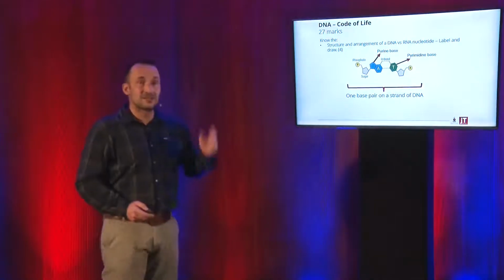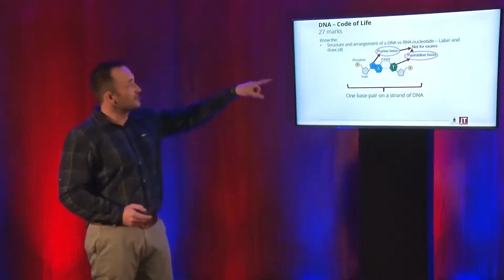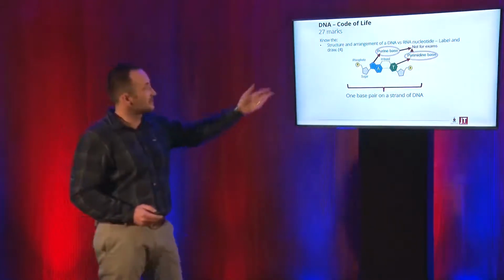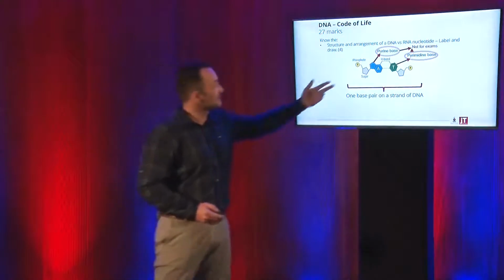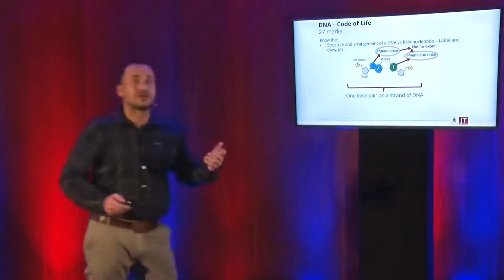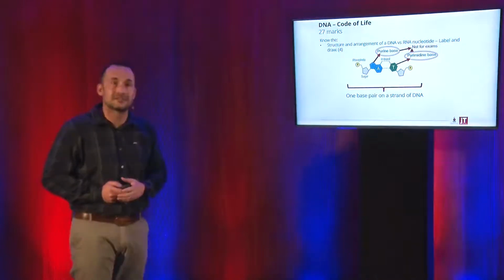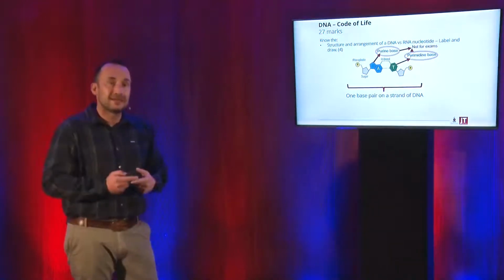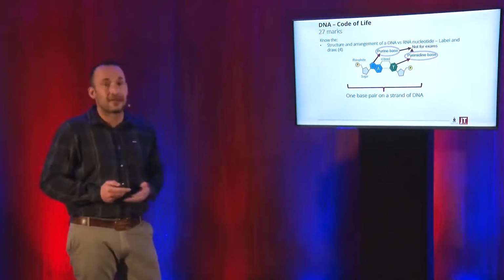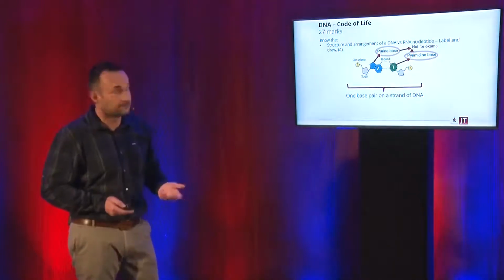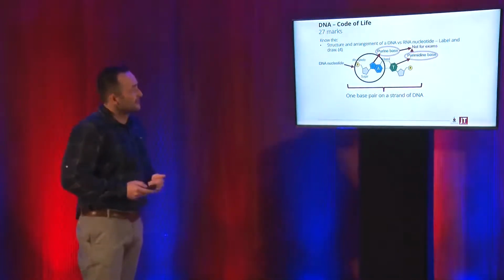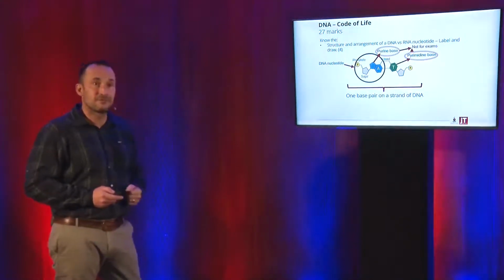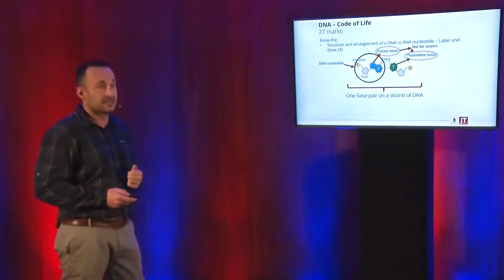In the case over here, you can see that we differentiate between each of these 2 bases as purine bases or pyrimidine bases. And you can see that the difference between the 2 is the fact that this is a double ring structure and that one is a single ring structure, but that is not something you need to know for your exams. So you would represent a base simply by drawing a square and then labeling it as either adenine, cytosine, guanine, or thymine. That is the DNA nucleotide on its own, and what you see on the screen, both of them, the base pairing on a DNA strand.